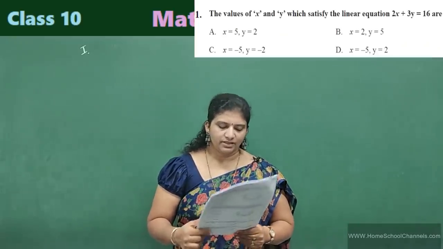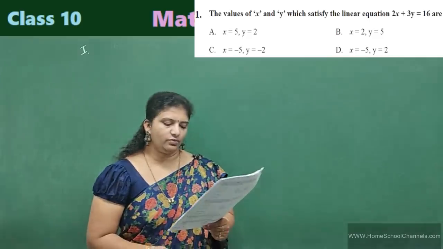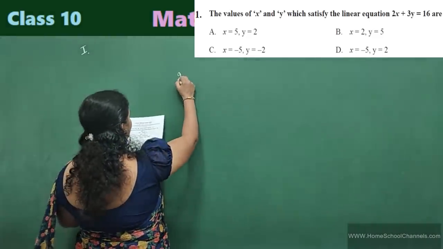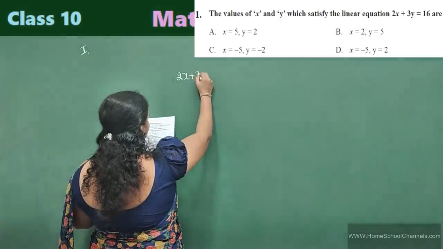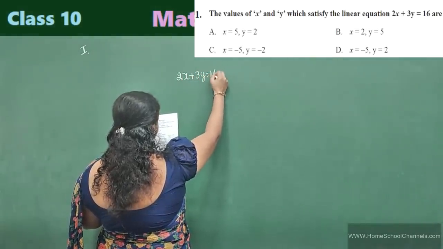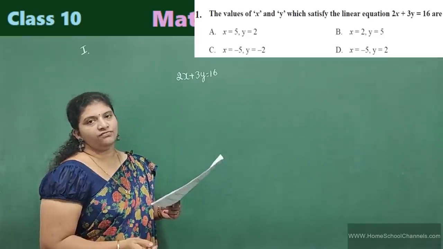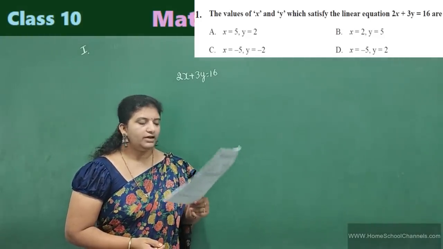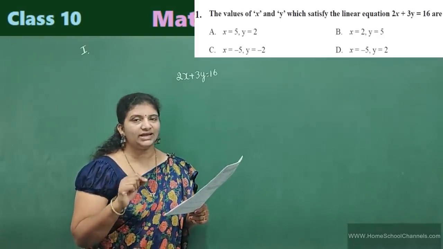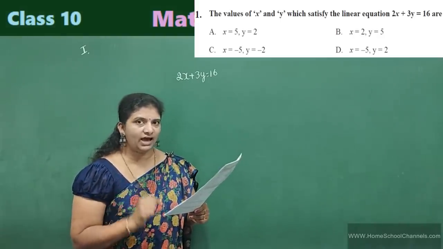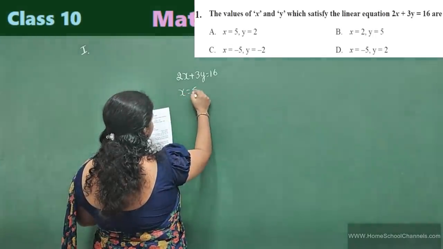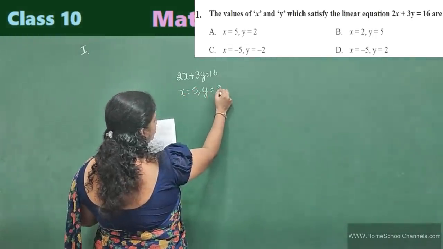First one, the values of x and y which satisfy the linear equation 2x plus 3y is equal to 16. What are the values of x and y? Here we go with the trial and error method. By using the options, we need to substitute in the equation and find the answer. First option, x is equal to 5, y is equal to 2.